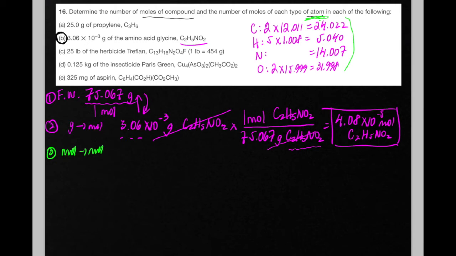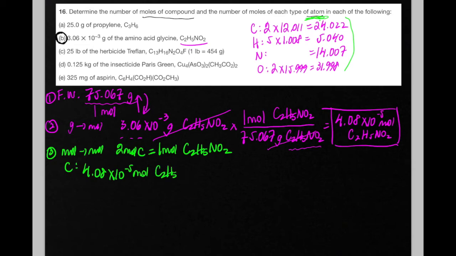Now to do that, let's do carbon first. In the formula, we know that there are 2 moles of carbon because there's a subscript of 2 in the whole formula C2H5NO2. So the way we set this up is we write out 4.08 times 10 to the minus 5th moles, and we write out this whole long formula.